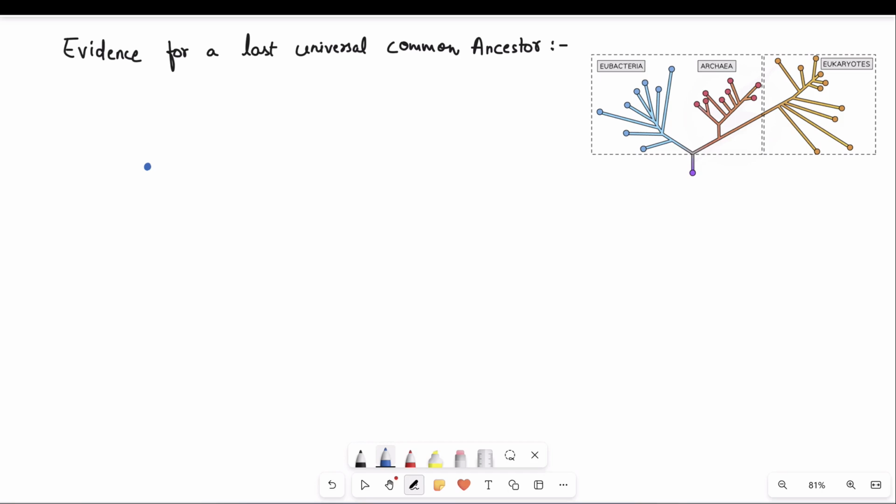So you will find that species share some characteristics with the common ancestor.